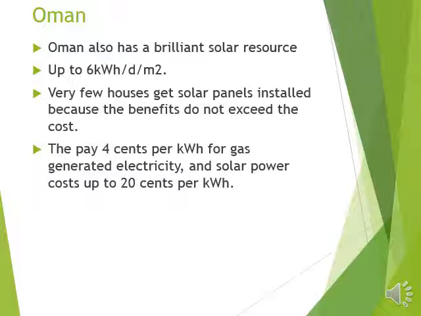It is so cheap, 4 cents per kilowatt hour. Just to give you an idea, every month my electricity bill for me and Sarah in our apartment was less than $5. I paid $5 for electricity every month.